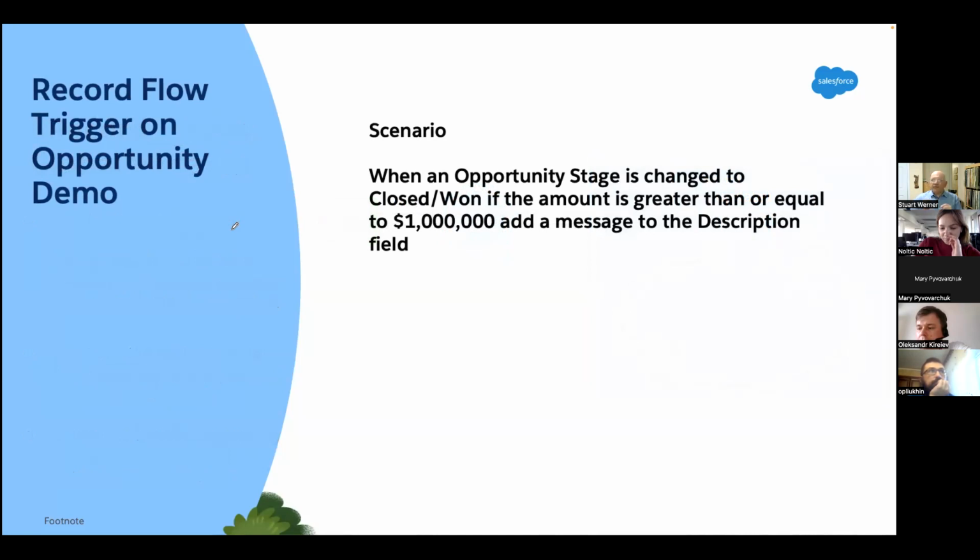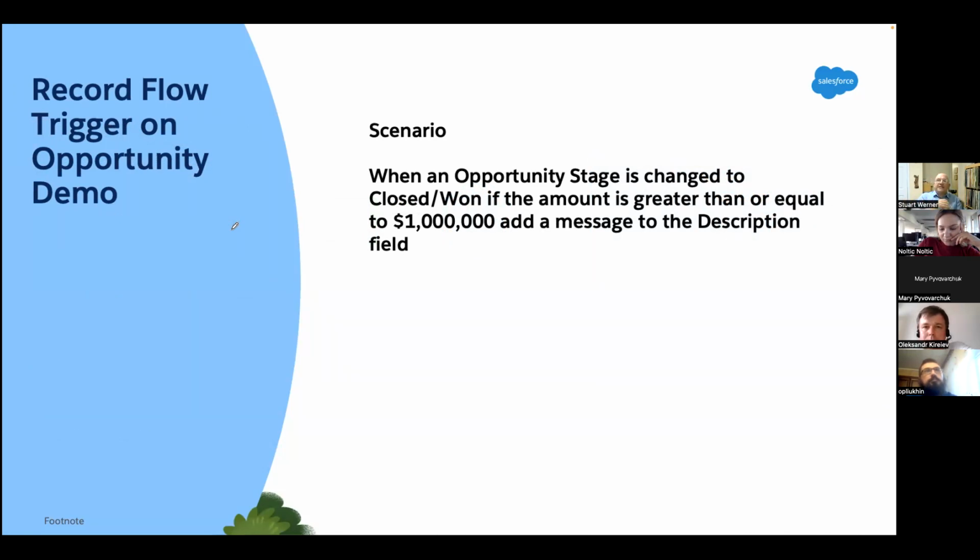Right, so I'm going to finish off with just one more demo on how we could create an after record trigger flow to change a value. How we're going to create a record trigger flow to actually make a change to a value given a use case.